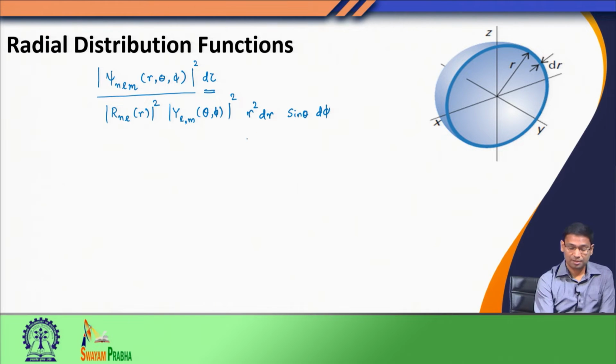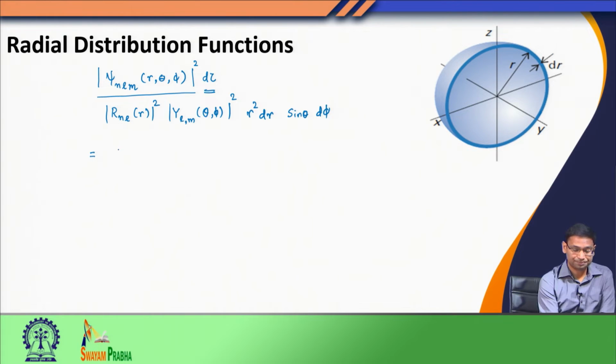If I stay at an r value and find the probability distribution for all values of theta and phi, and do the same over this span of dr, that would give me the total probability density between r and r plus dr.